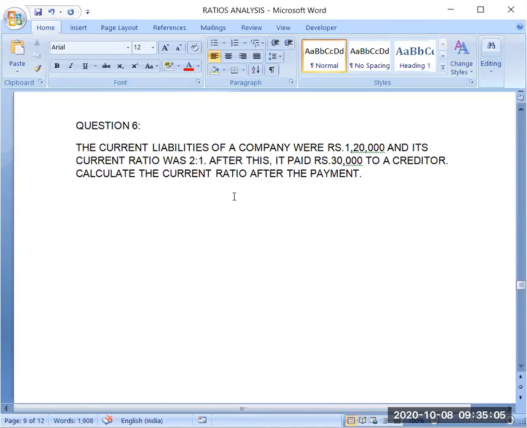So first, you need to calculate the current assets for that purpose. If your current ratio was 2:1 and current liabilities were 1,20,000, then obviously current assets were double your current liabilities.